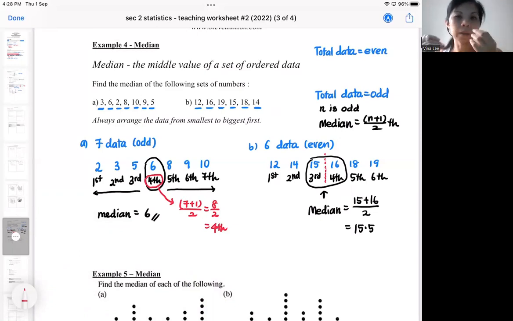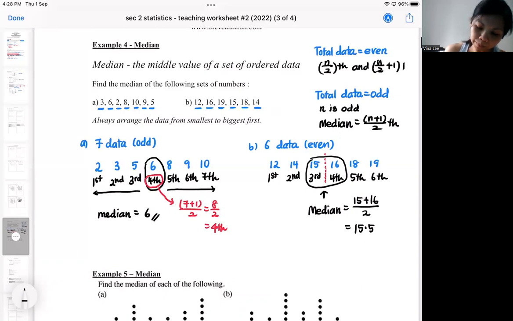Okay, so if it's an even data set, how do you know who are the middle 2? It will be n over 2 and n over 2 plus 1. So n is 6.